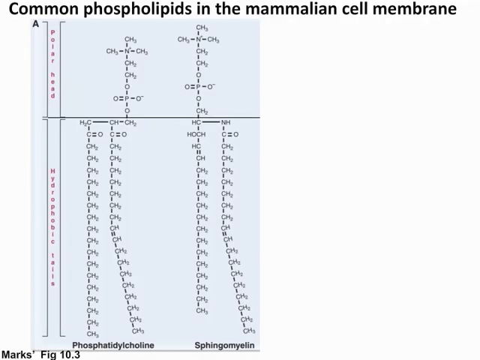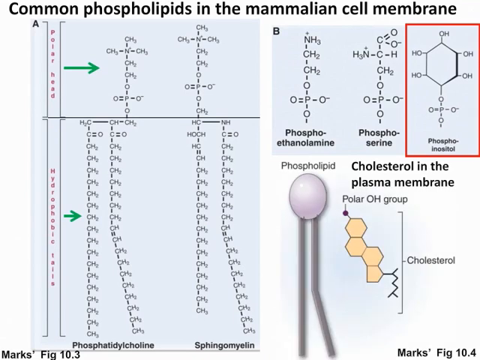So here we have a picture. For some reason, picture B didn't show up. But anyways, this is still going off of the previous slide. So remember, the phospholipids have a head group and a tail group. The head group, if you look in picture A, is going to be your polar part, right? So that's going to be hydrophilic, and those are on the outside of the plasma membrane.